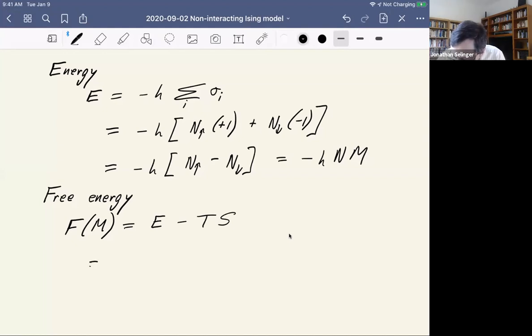So that is minus HNM minus temperature times entropy.